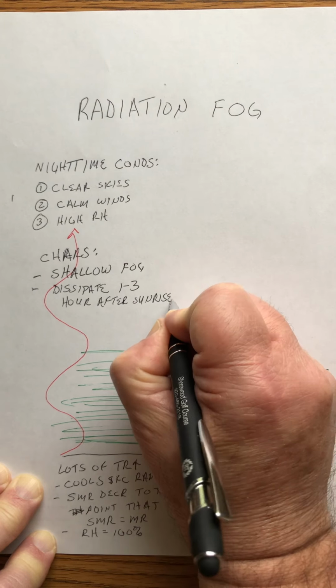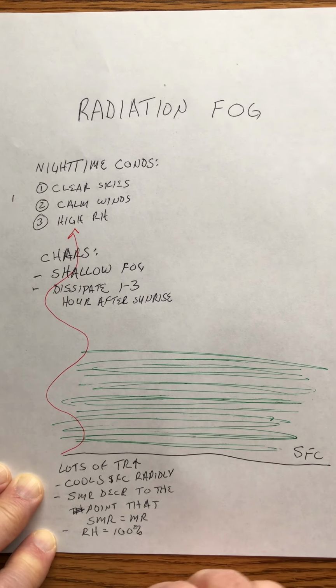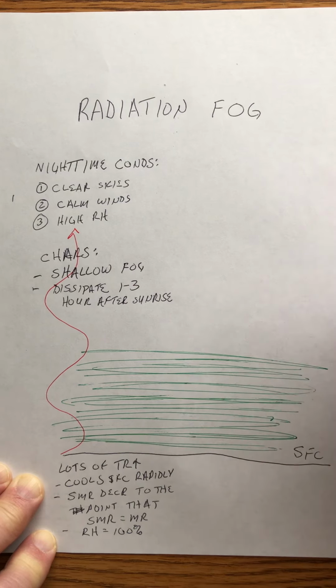This is a very common fog in Wisconsin, occurring any time of year. And oftentimes when they do dissipate, we use certain euphemisms for it, that the fog lifts or the fog burns off.